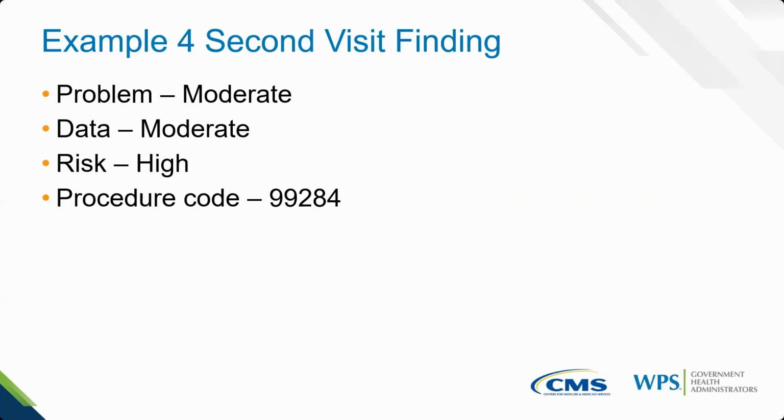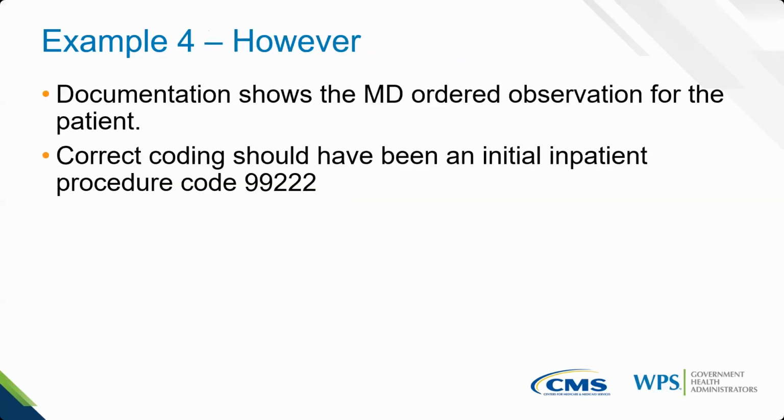So you can see our problem is moderate, our data is moderate, our risk is high, and then we have the procedure code listed for you there, the 99284. Now, as I stated, Medicare does not pay for two E&M services on the same day unless those exceptions apply. So Medicare would not have paid for both of these visits. You would have needed to gather up the documentation and then choose a procedure code based on that documentation.